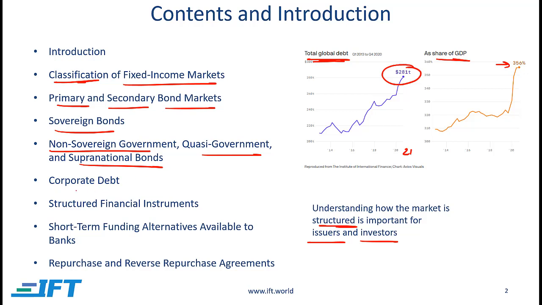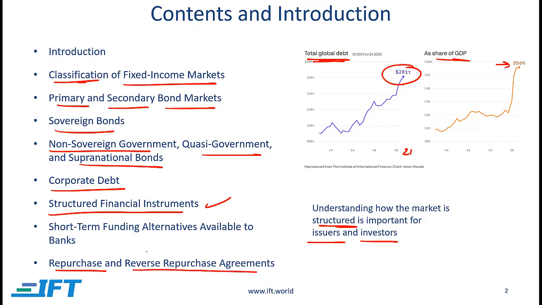Then we have corporate debt. This is debt issued by corporations. We have structured financial instruments, so we'll understand the market related to these instruments. We'll talk about short-term funding alternatives available to banks. And then the final segment of this reading has to do with repurchase and reverse repurchase agreements.